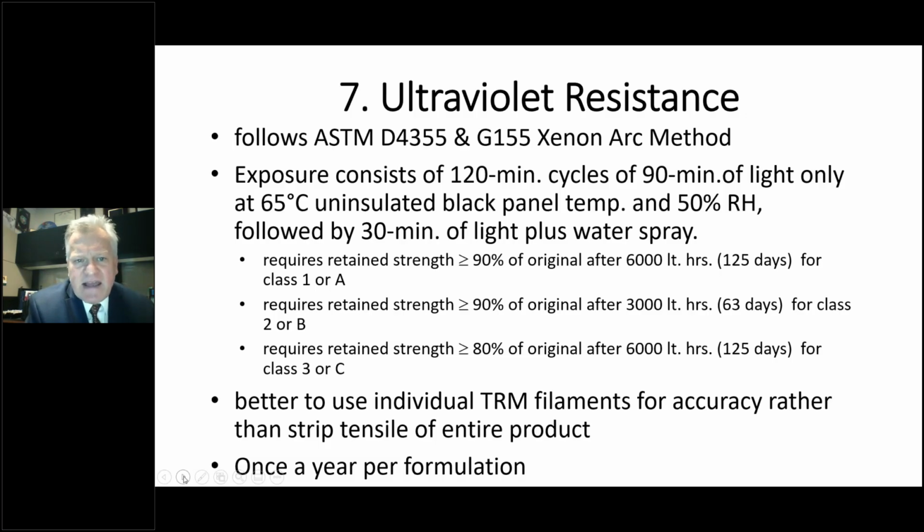It's called out in ASTM D4355. The exposure cycle is set up, and subsequently you're testing the material and the tensile properties to see its loss with respect to time. You'd like to see 90% of the original at 6,000 light hours for this class 1 or high performance material.